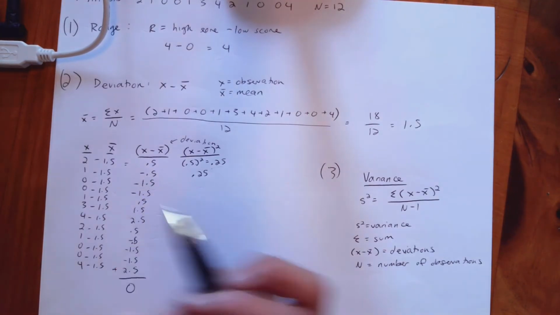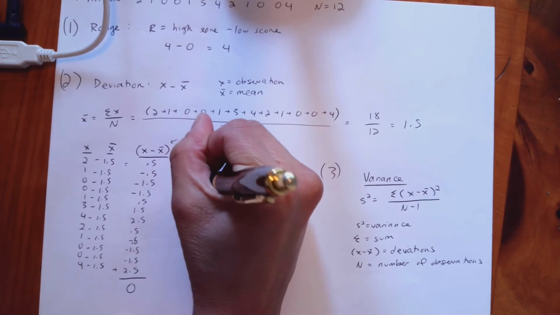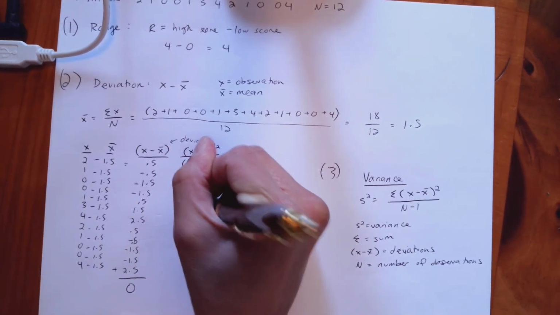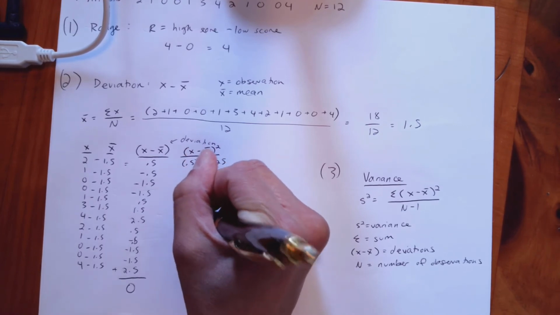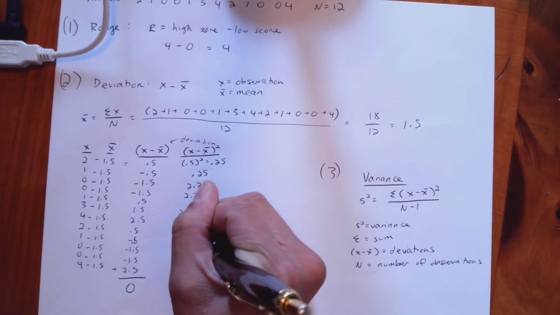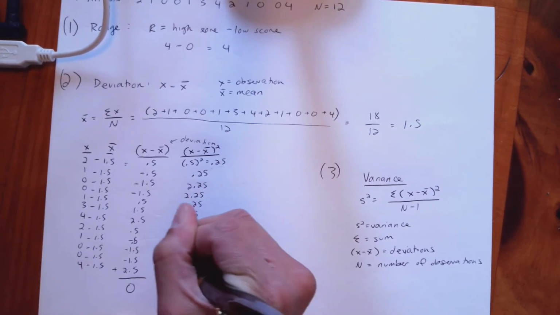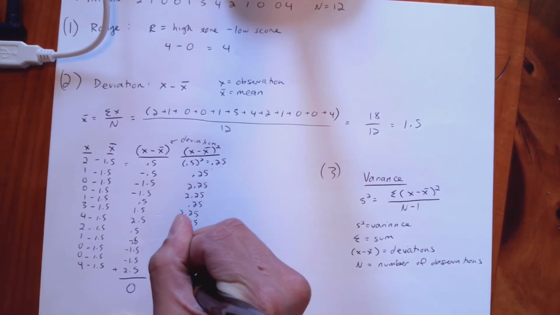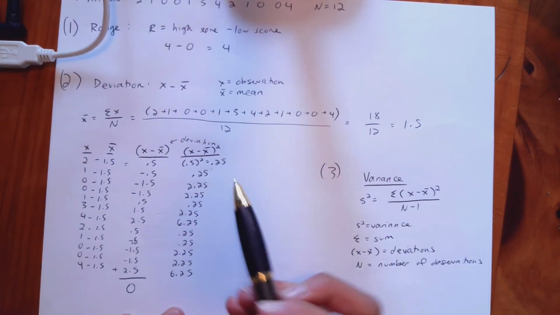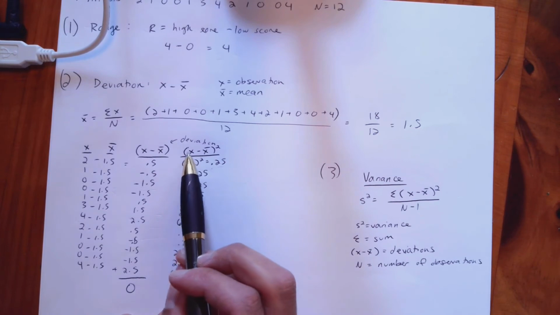Negative 1.5 squared is 2.25, and so on.